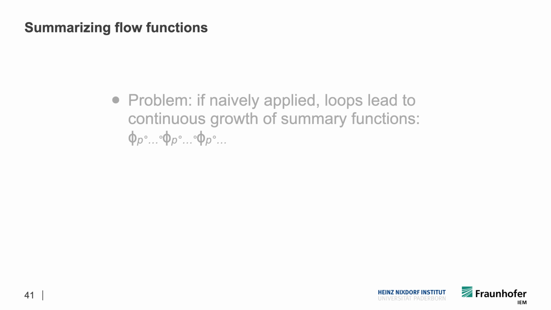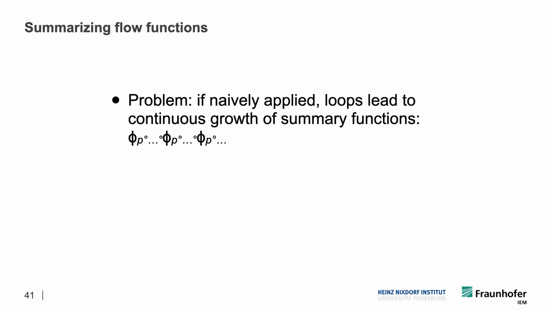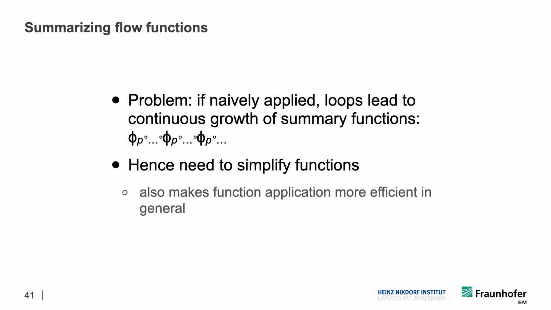Now, we've seen that if you do this naively and you don't have this property, then you have this continuous growth, and hence you need to simplify them. And the simplification does ensure termination. So it's essential for that, but it also makes function application more efficient in general, right?